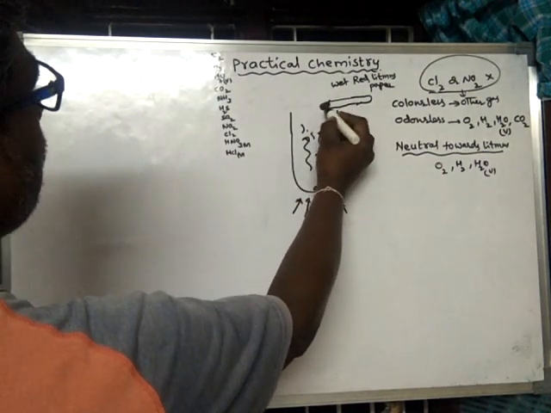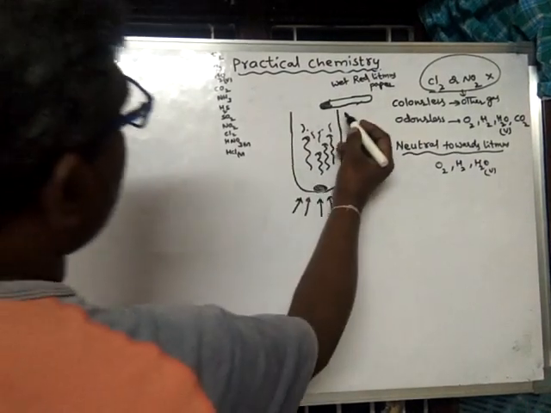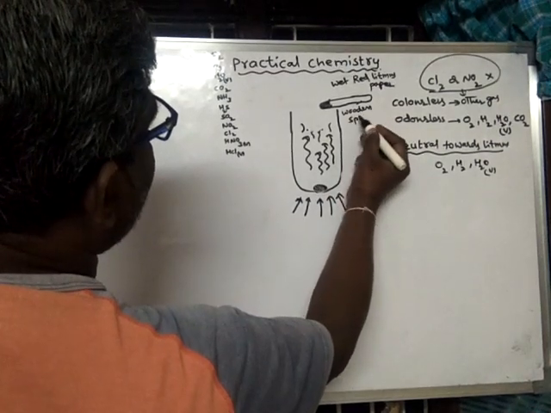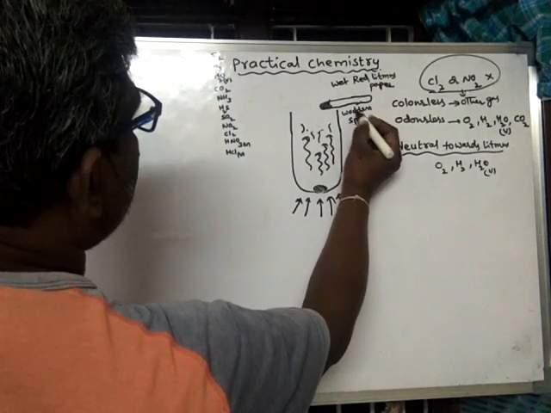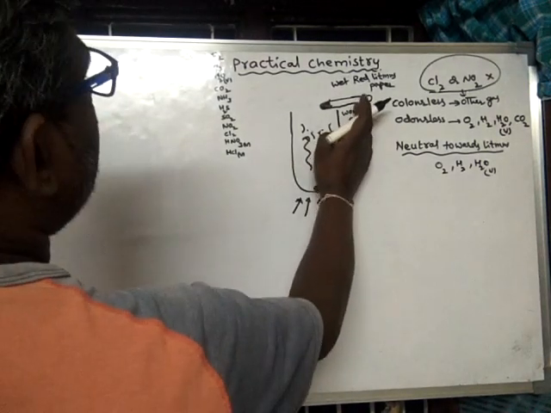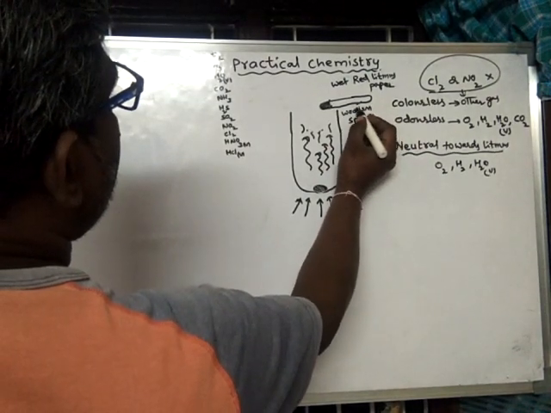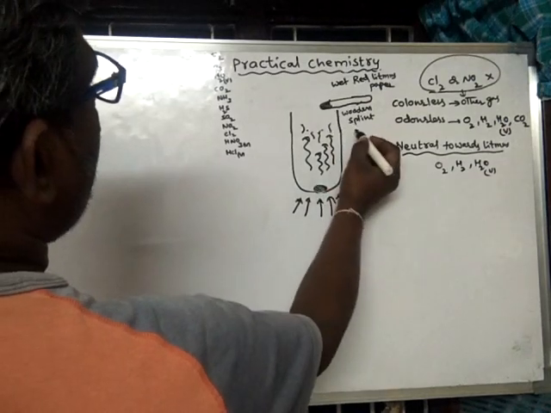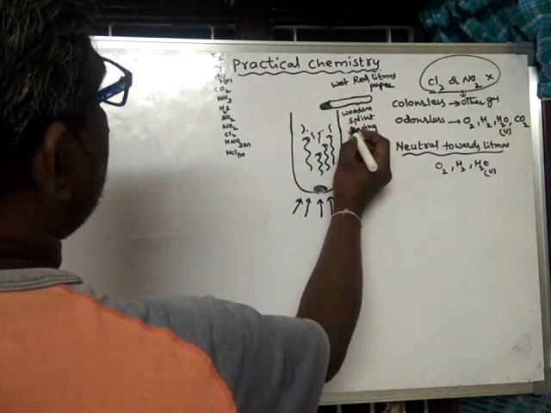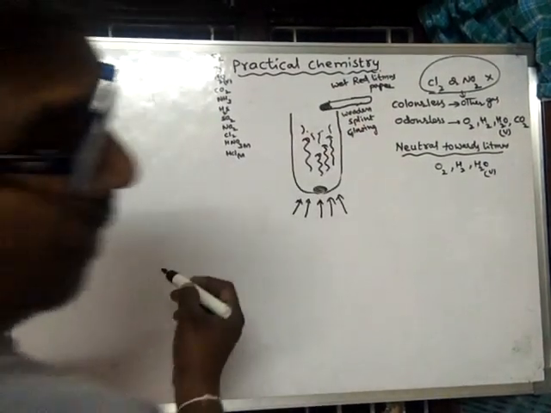Now that wooden splint is glowing, because the flame is removed. Simply it is glowing red.